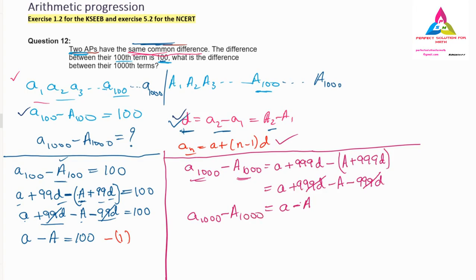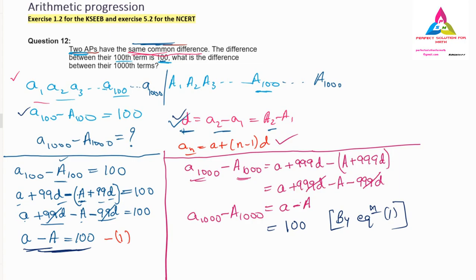What is left is a minus A, that is nothing but small a1000 minus capital A1000. If we subtract the 1000th terms of the two APs, we are going to get small a minus capital A. But we have already solved this a minus A in equation 1. If you see correctly, a minus A is nothing but 100. So in place of a minus capital A, I can write 100, as you got by equation 1.